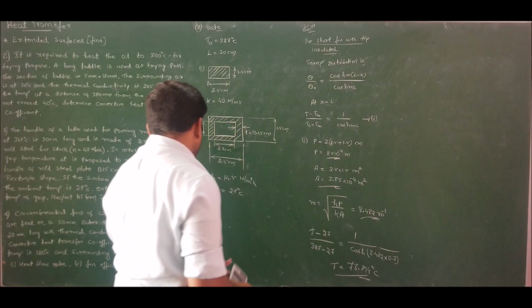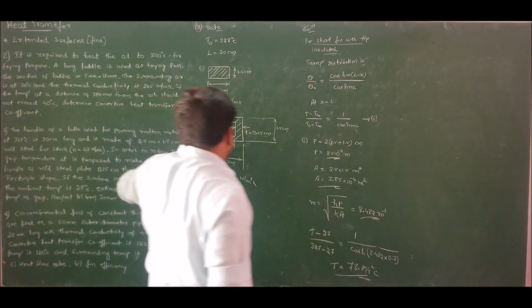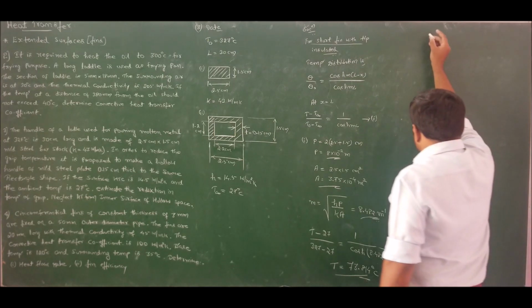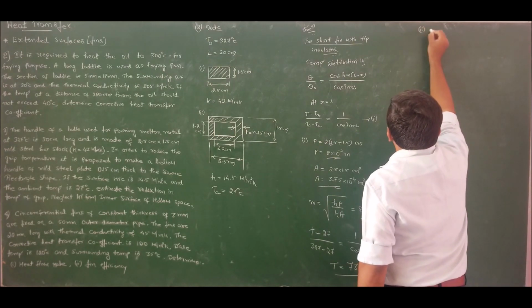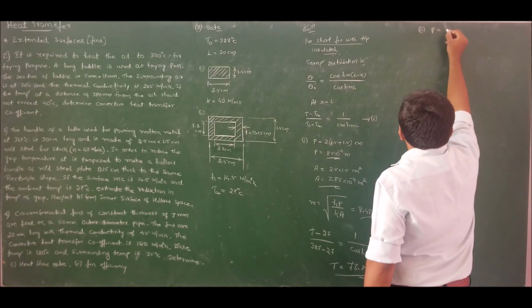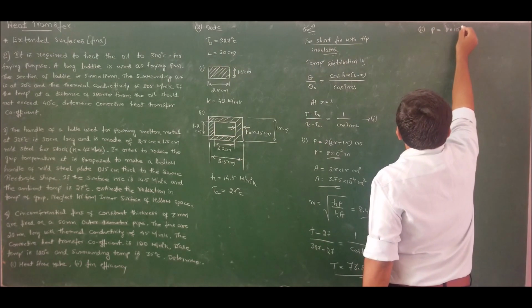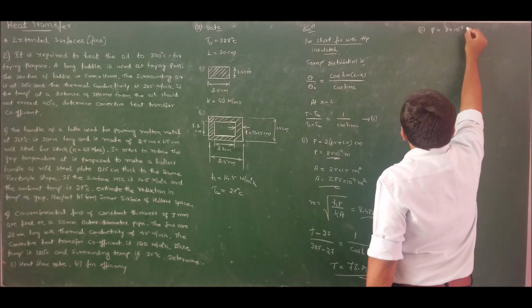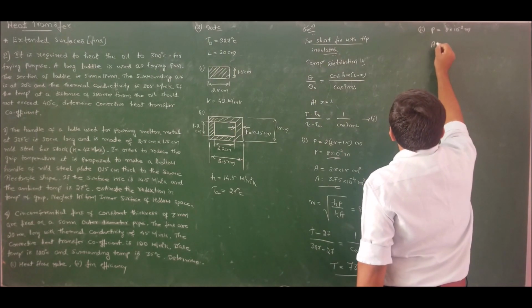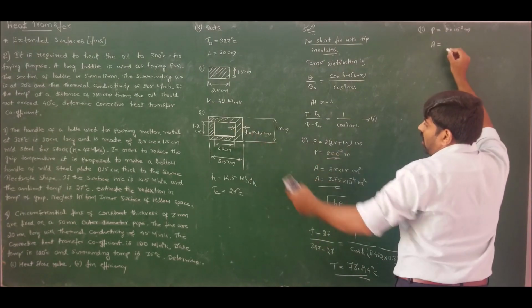Now moving to case 2. In case 2 we are using a hollow ladle. So moving ahead for case 2, we have the same perimeter, 8 into 10 to the power of minus 2 meters, whereas coming to area, we have the hollow area.